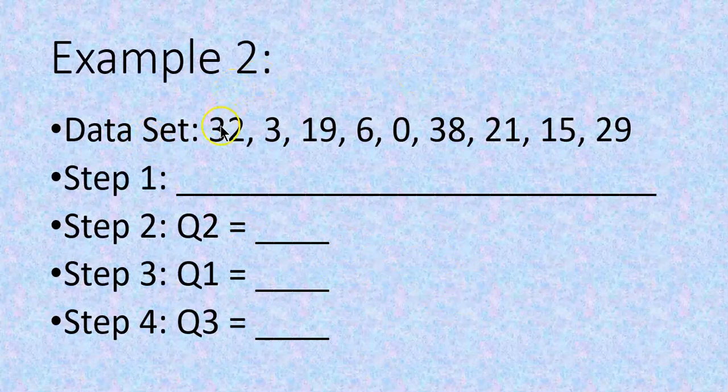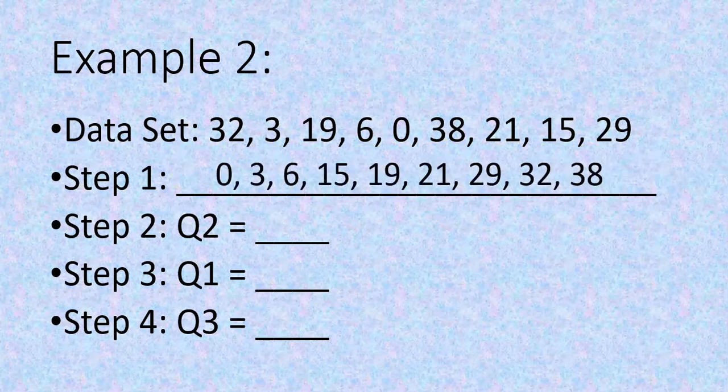Example 2. Here is our data set. First step, we have to rewrite our numbers smallest to biggest. So that would be 0, 3, 6, 15, 19, 21, 29, 32, and 38.